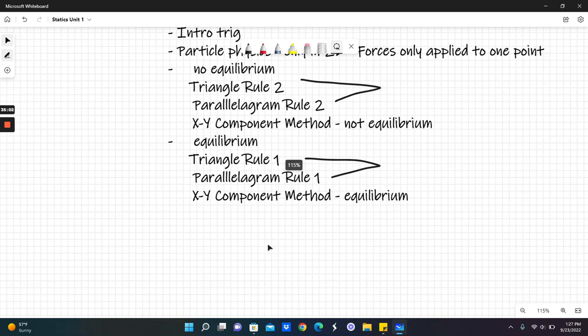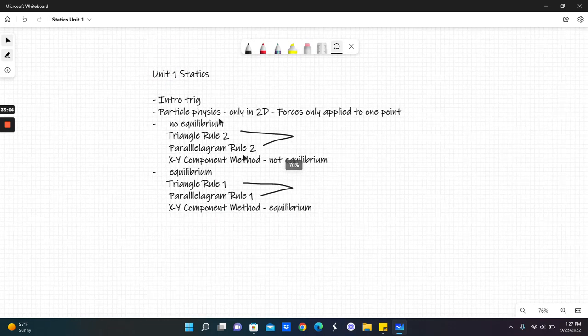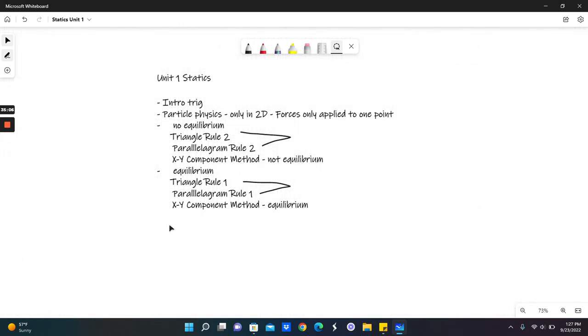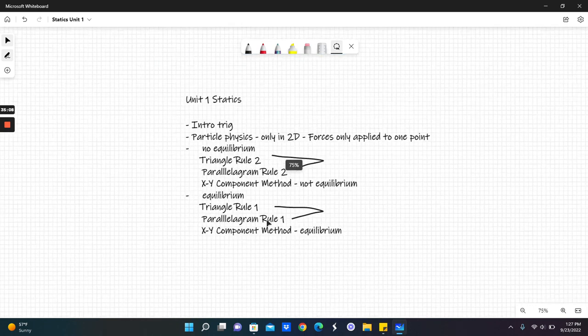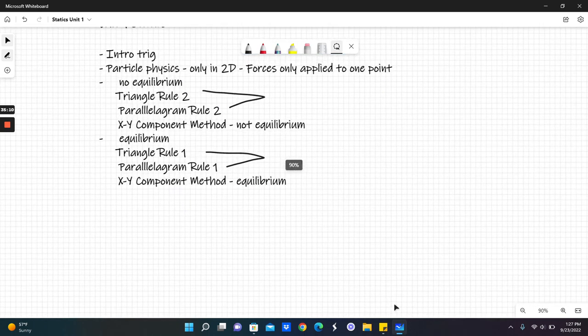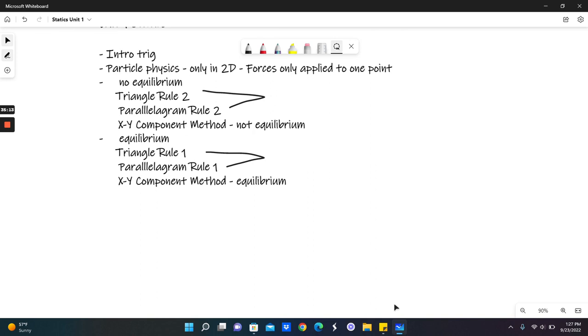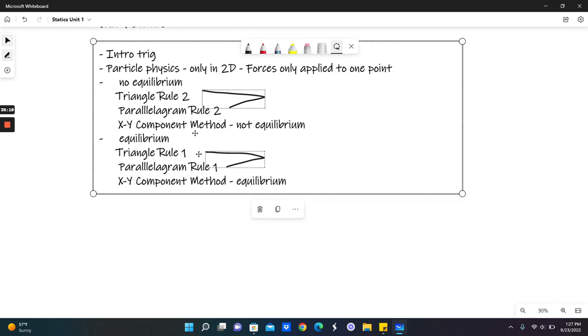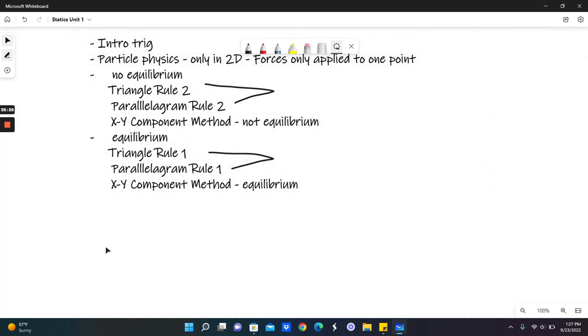Equilibrium conditions: triangle rule, parallelogram rule. Your triangle and parallelogram rules are going to be the same in that you're going to have a three-sided figure or a parallelogram. So for the triangle rule, why did I name these two and this one? That's confusing. I think it should be switched, but it doesn't matter.